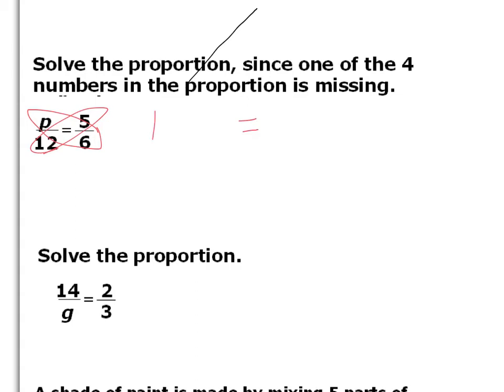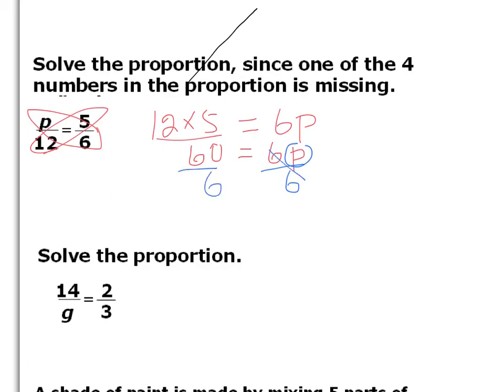So 12 times 5 is equal to 6 times p, because just on the last slide, when you cross multiply, you should get the same answer if they are proportional. So now we do our multiplication. 12 times 5 is 60 equals 6p. Now it's just a basic one-step equation. We did these last chapter. You want to get p alone. So to undo multiplication, you're going to divide both sides by 6, and p equals 10.